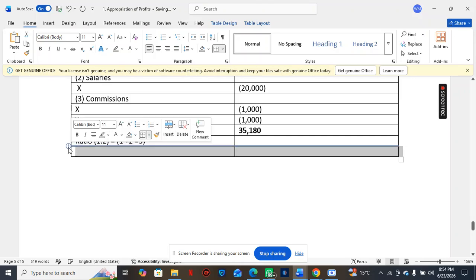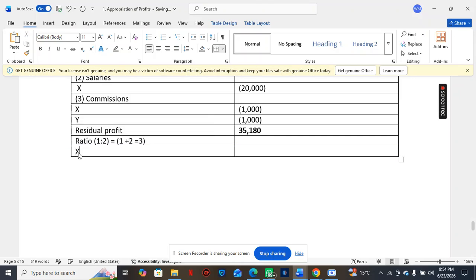So Mr. X is getting 1/3, so 1 over 3 times 35,108.